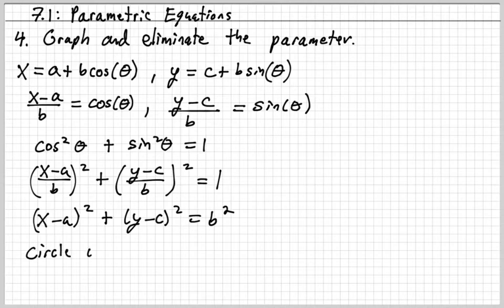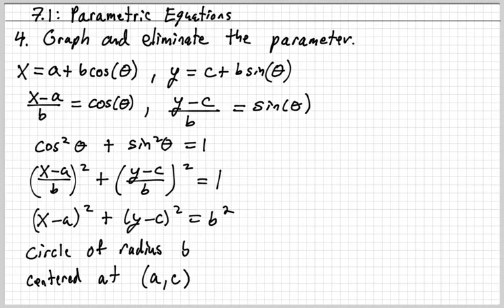And so this is generically a circle of radius b centered at (a, c), and we're making the assumption that b is in fact positive. Okay.